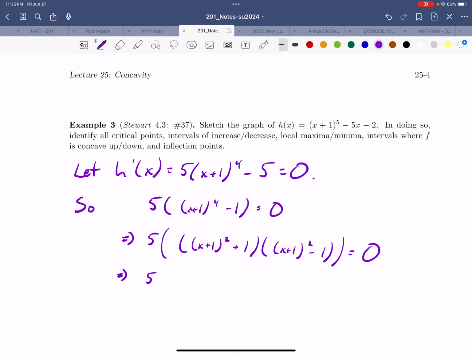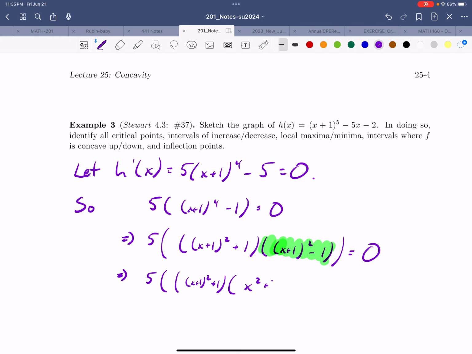So this is going to be 5 times x plus 1 squared plus 1 times, and then let's just do this out, right? I'll just show you. This over here is going to become this.